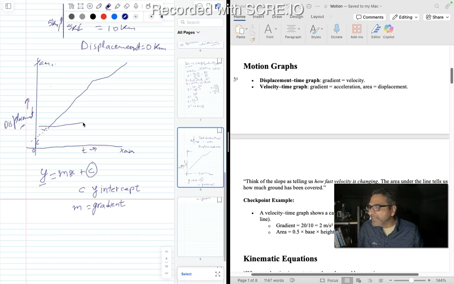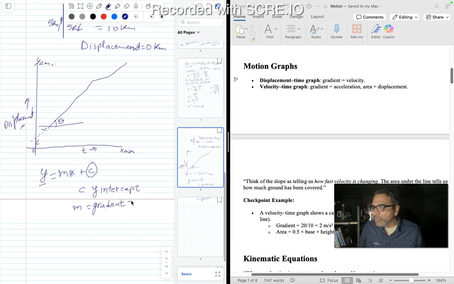And the slope that we are talking about, parallel to the x-axis, you can see this theta, and how tilted this line is with respect to the x-axis. That is the gradient.